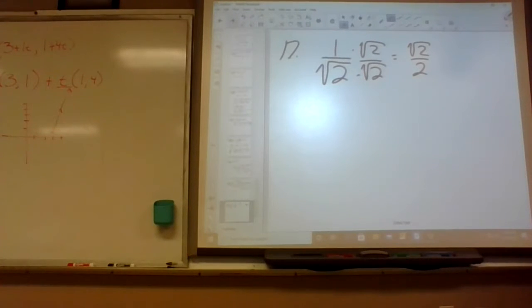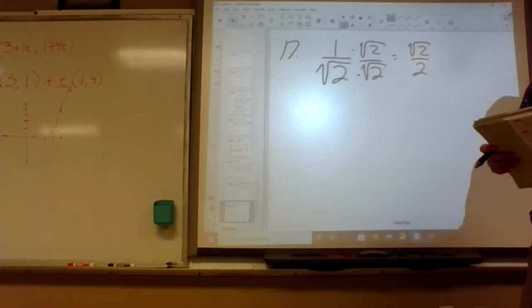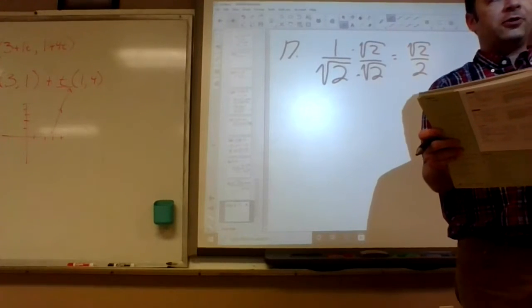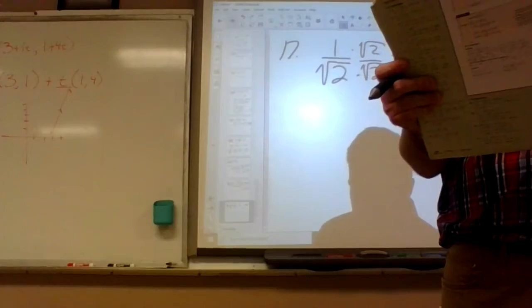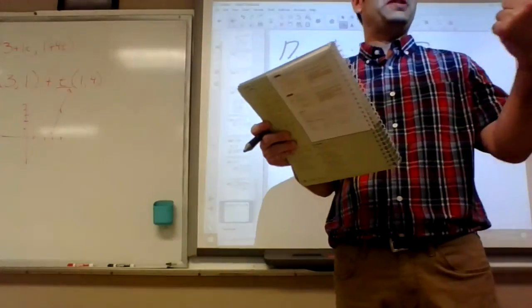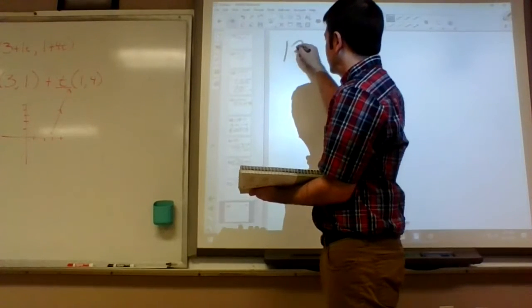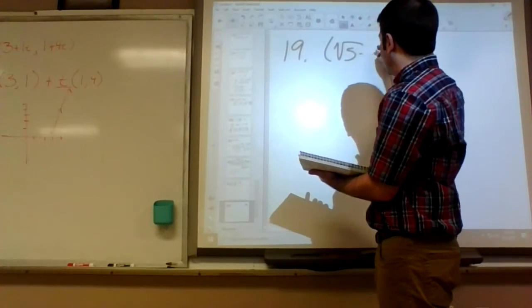Okay, oh, gross, 19. There is a way we can make 19 easier. 19 is like FOIL, right? If you look at the first parentheses and the third parentheses on 19, they are conjugates. Does order of multiplication matter?